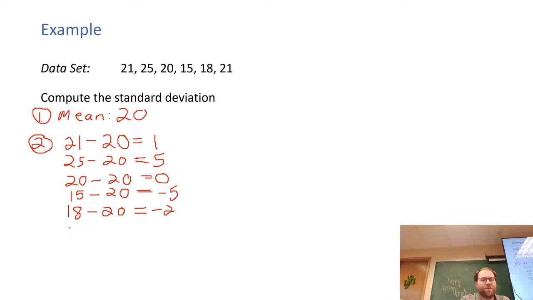And then 21 minus 20, negative 1. So taking all of those values, subtracting the mean from them to figure out how far away they are from the mean.